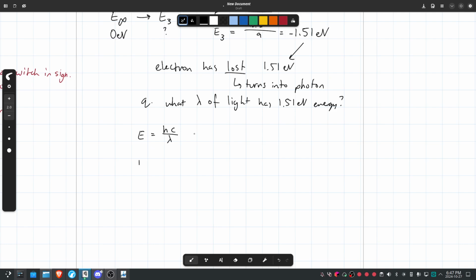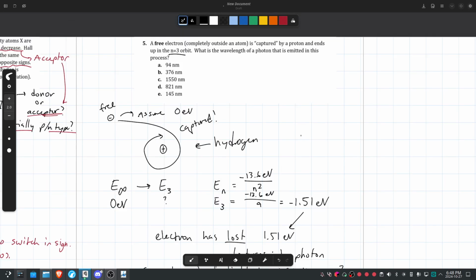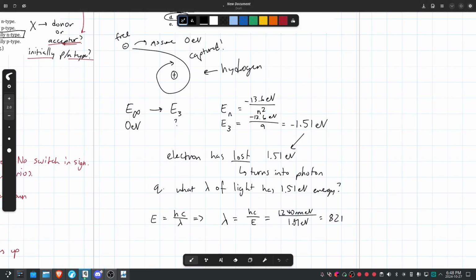So lambda is equal to hc over energy, which is equal to 1240 nanometer eV over 1.51 eV. 1240 divided by 1.51, you get 821 nanometers. Let me just double check that I did that right. Yep. 821. Are there any questions about this?